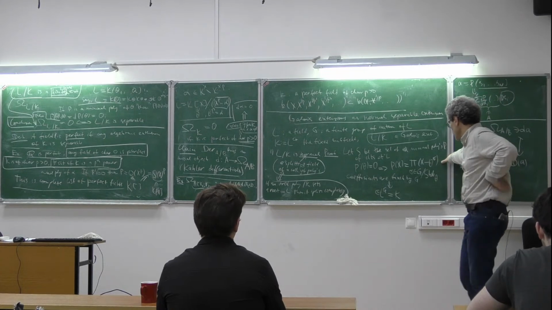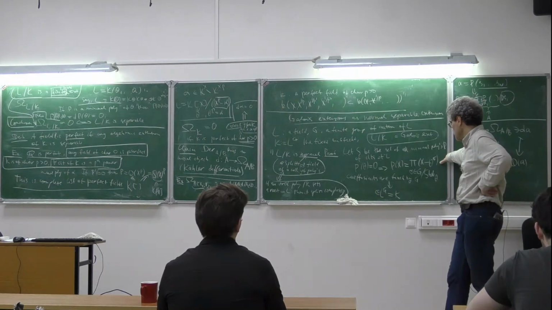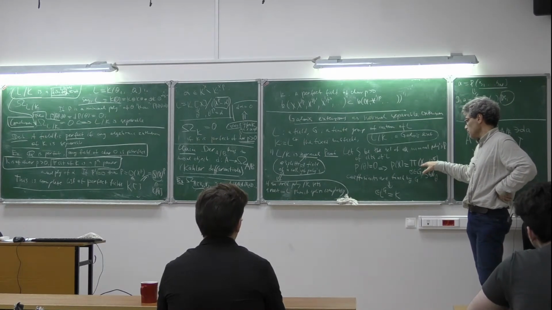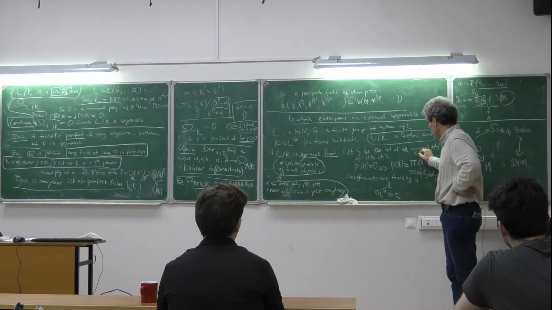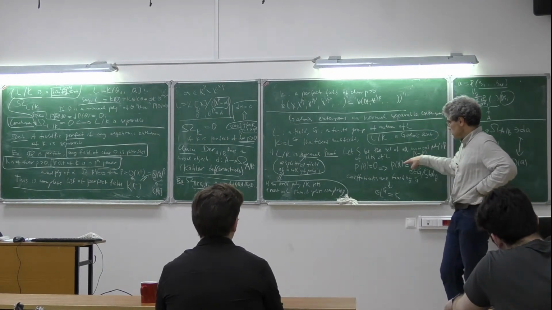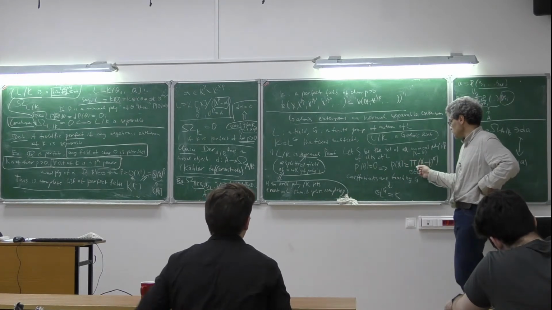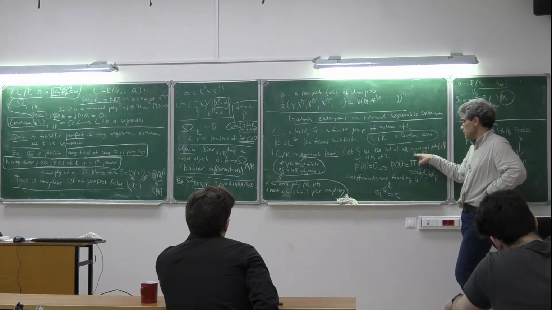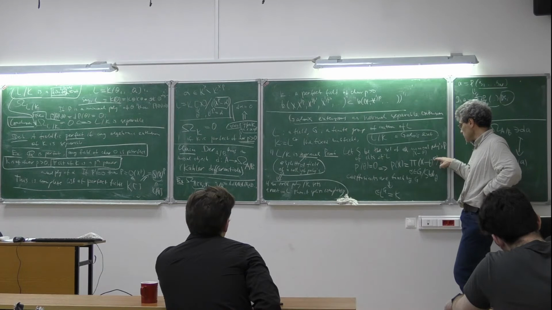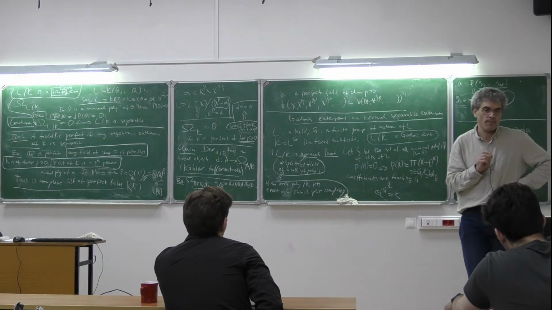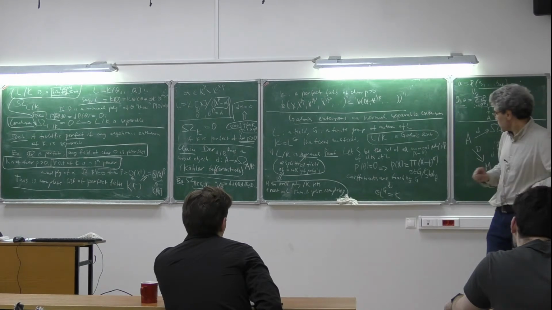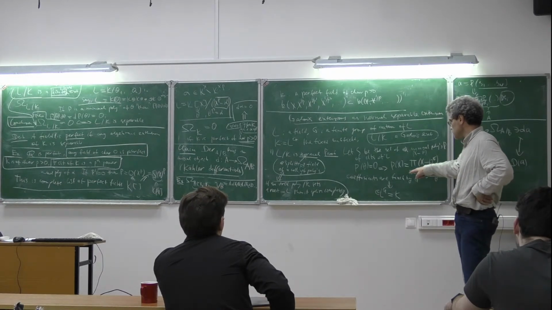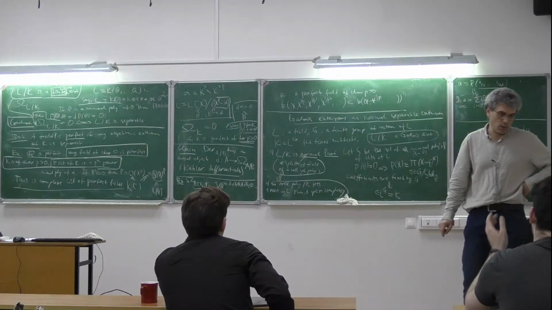But why is it minimal? Because we should have a multiple x minus theta, and as this polynomial is invariant under G, it should have multiples x minus theta to sigma for all sigma in G. So we have all these multiples, and this is what we want because the coefficients are in our base field.